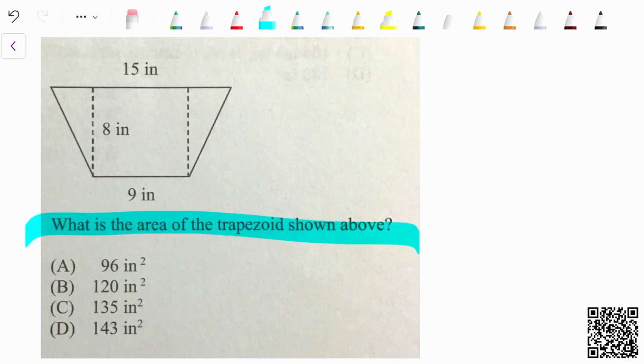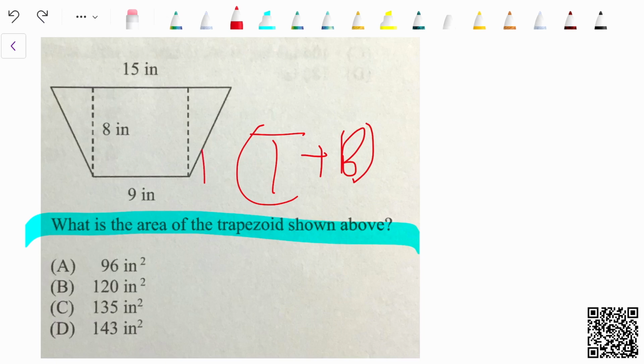What is the area of the trapezoid shown above? How do we solve the area of a trapezoid? As explained, it's the top plus the bottom multiplied by the height, or you can make it capitalized, divided by 2. So that's the area of a trapezoid.